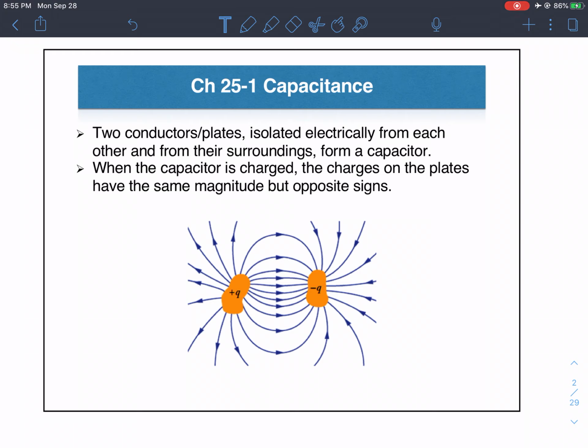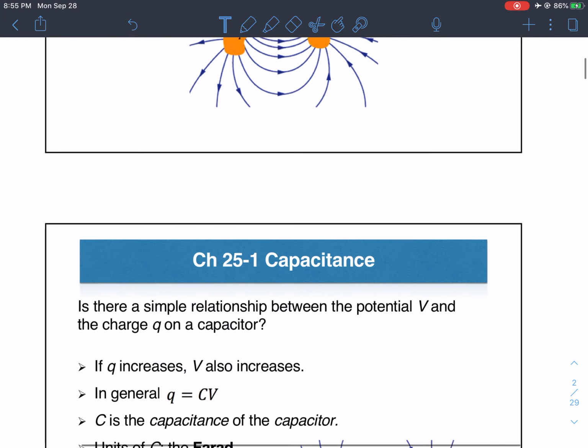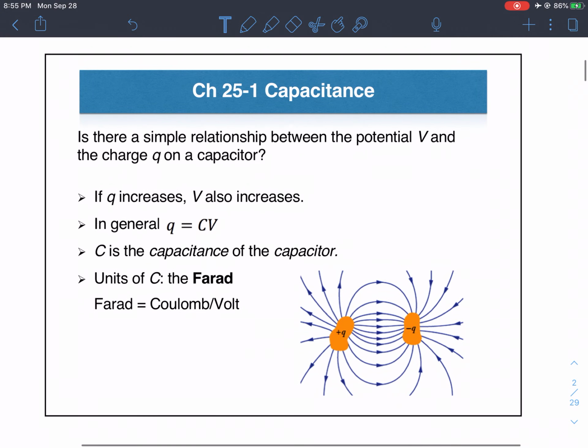It looks kind of similar to the dipole, but we can have different charge distributions. It doesn't have to be point charge. So we can have plates. We will talk about different cases as well, like spherical or cylindrical capacitors. So it does come in different shapes.